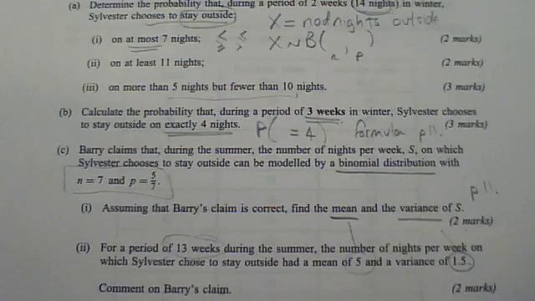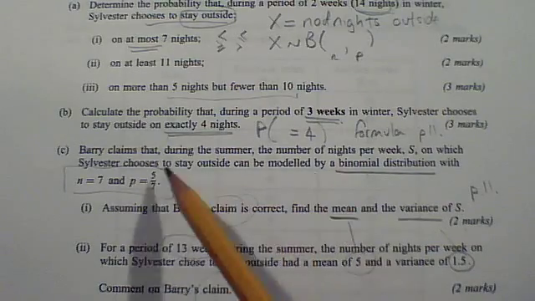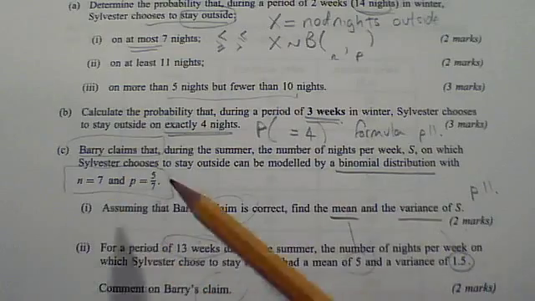In order for the claim, which is that this binomial distribution is appropriate, he's claiming it's a binomial with that n and that p, in which case the measured mean and variance should be pretty close to these. So either they are, in which case you're going to say we agree with Barry's claim or we think it's plausible, or there's a big discrepancy, in which case we'll say we think Barry's claim is unlikely to be true.